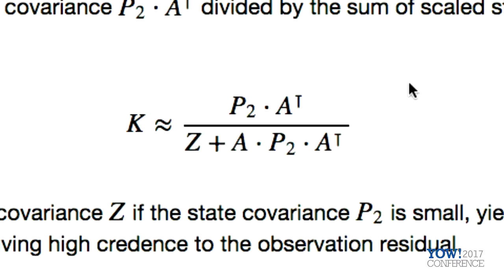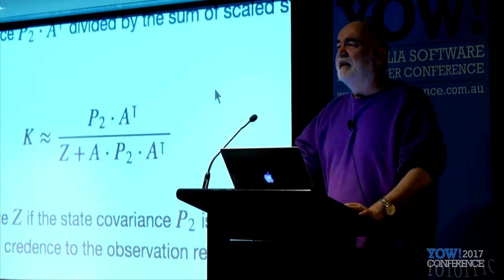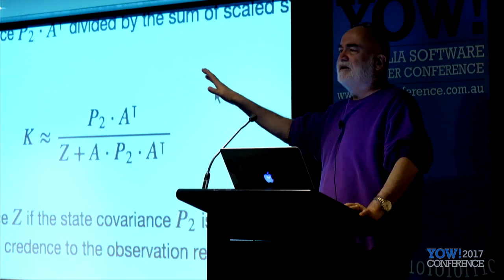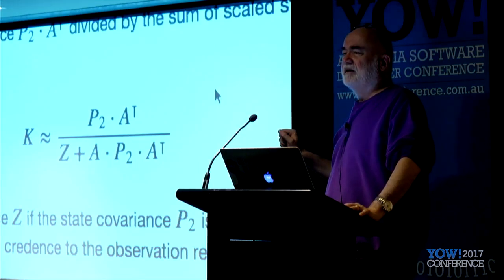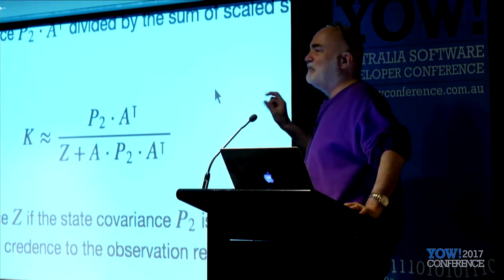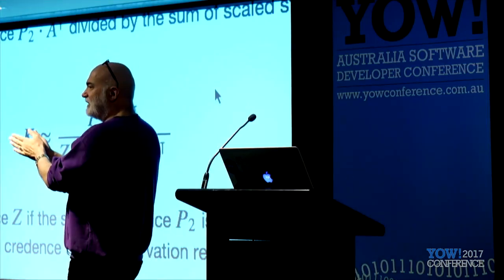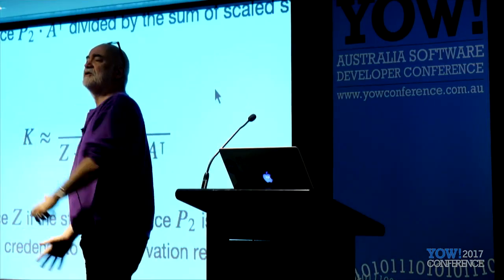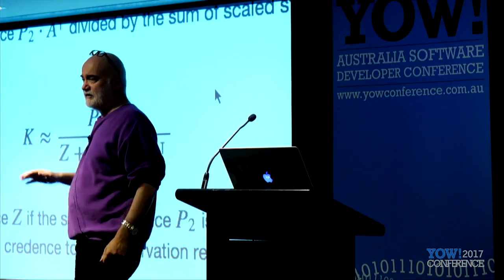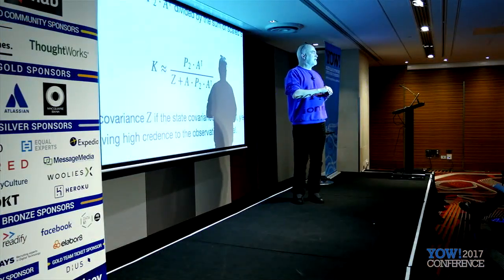So when my uncertainty in the state is very small, P is very small, K looks like 1 over Z. It says, don't pay attention to the observations very much. My belief in the state is very strong because P is small. So take the observations and listen to them by an amount that's inversely proportional to the uncertainty in the observations.